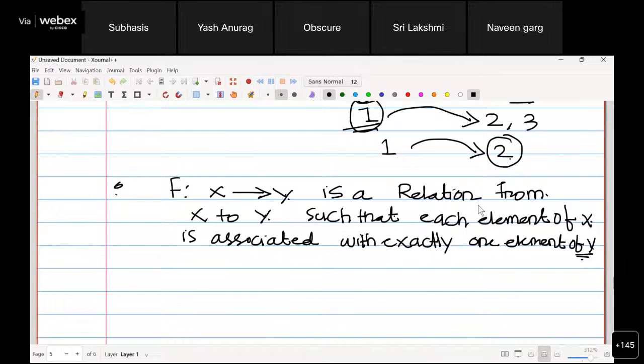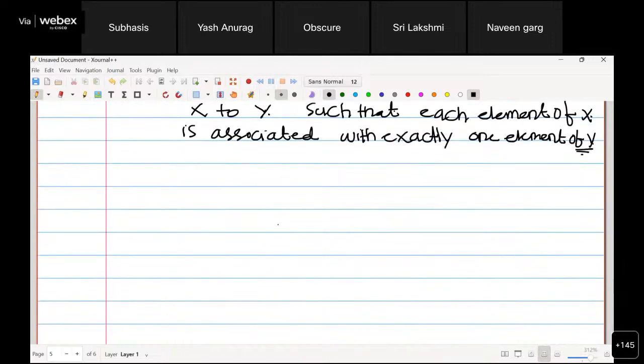So for example, let's consider a relation R from the set {1, 2} to {3, 4, 5}.